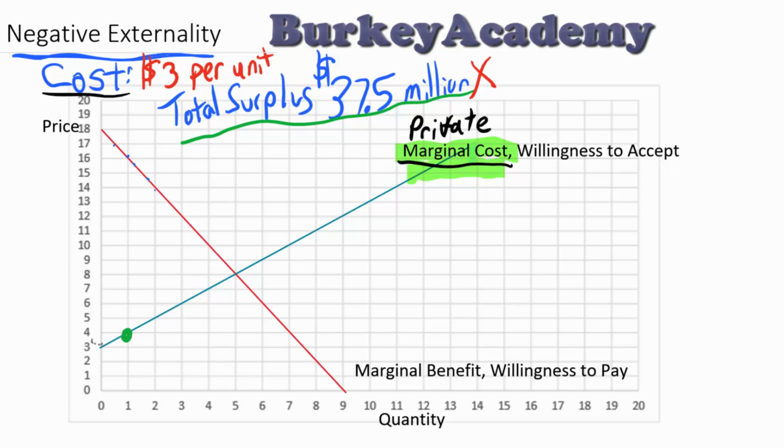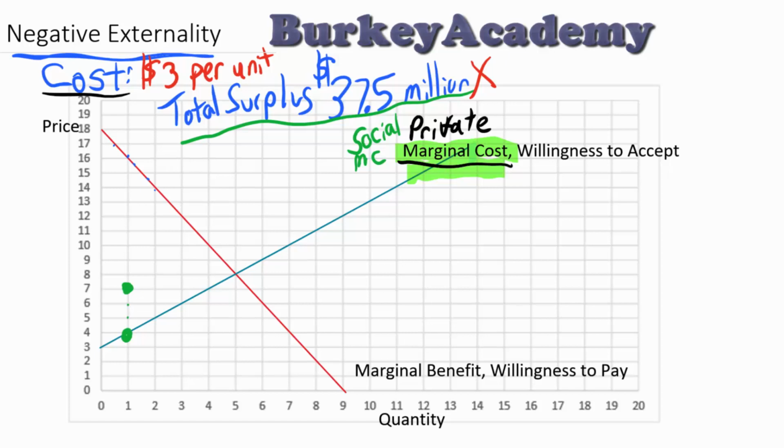So instead of just the labor and materials cost being $4 for the first unit, we want to add 1, 2, 3. That's the true cost. That's what we call the social marginal cost. Social marginal cost is going to include the private marginal cost plus any other external costs like pollution that get added in here.